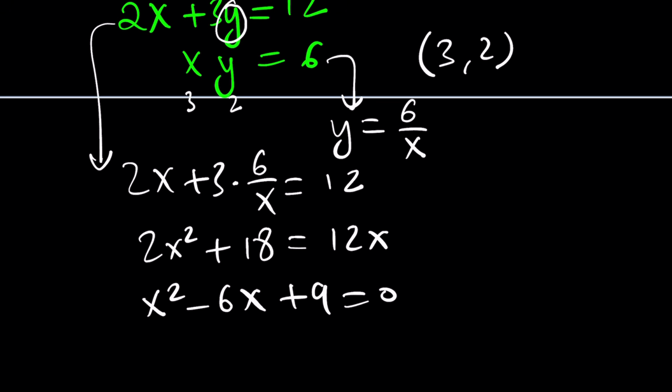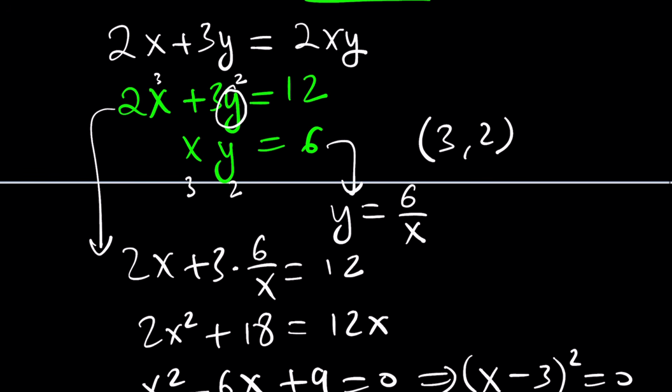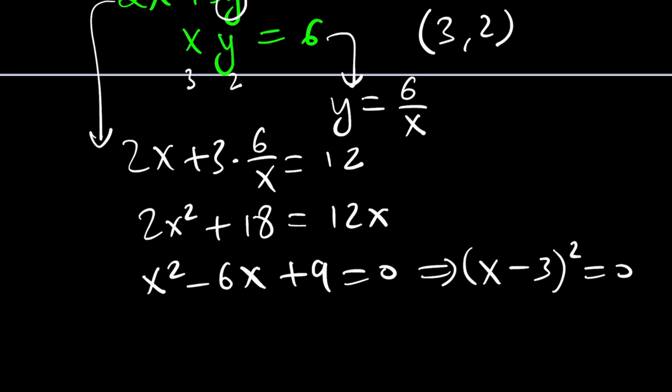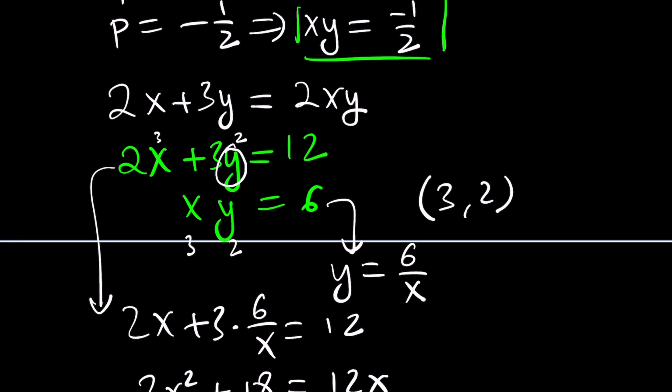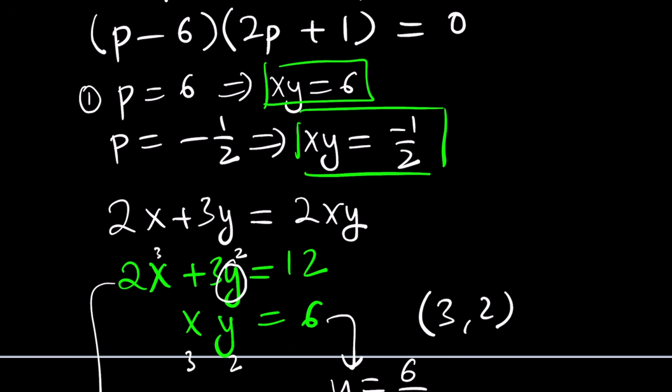Guess what? This gives us a single equation. So indeed, there's only one solution that comes from here, which is weird, but I guess that's the fact. X equals 3 is the only possibility, because that's a perfect square. Makes sense? So 3, 2 is going to be the only ordered pair that comes from the first case then.